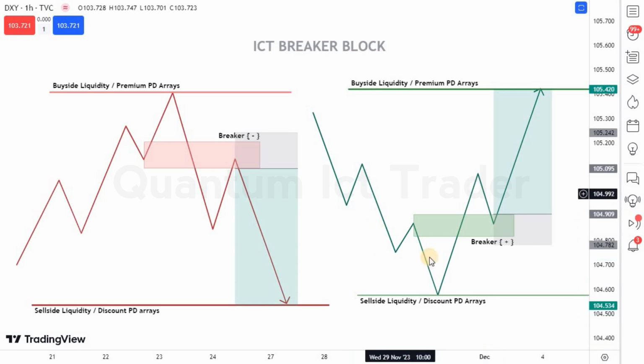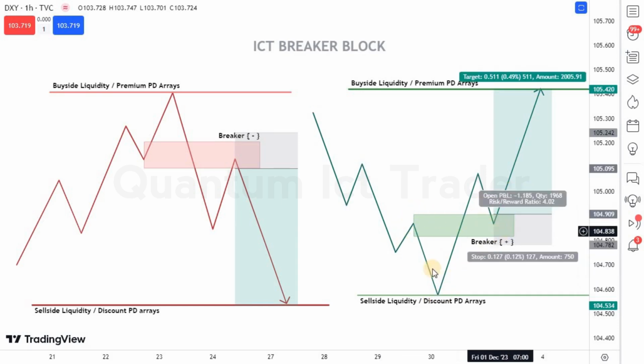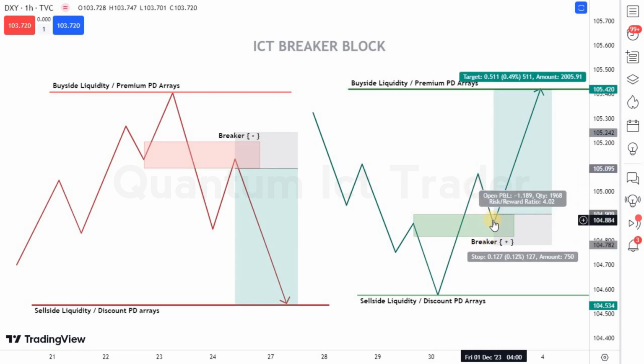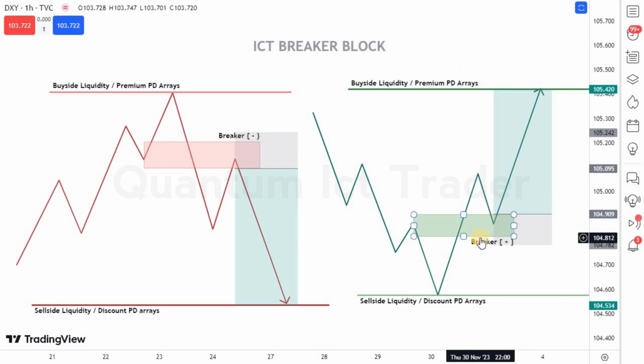Then the first up close candle before the down move becomes our bullish breaker block. We can expect that when price comes to this level, we can take a trade and target some buy side liquidity or premium PDRs. That's how these two breaker blocks work.